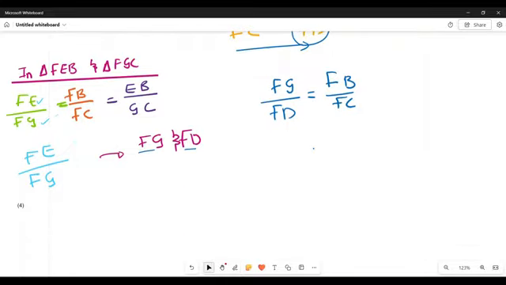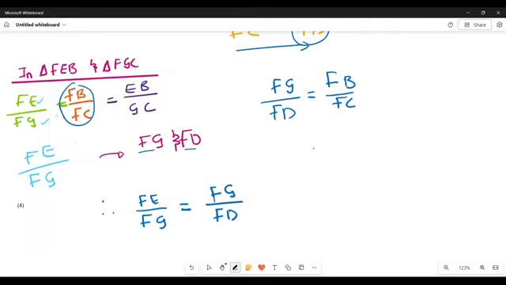As a result, I can equate the two. In conclusion, FE over FG is equal to FG over FD, because both of them are equal to FB over FC.